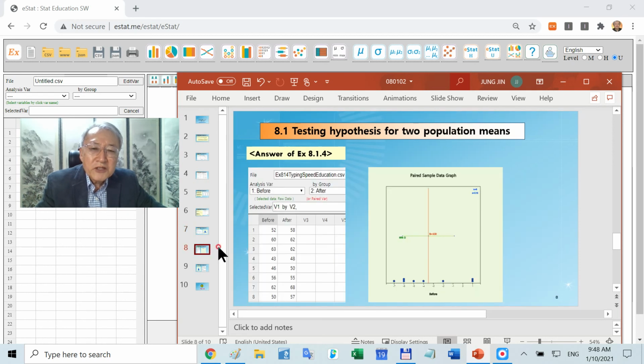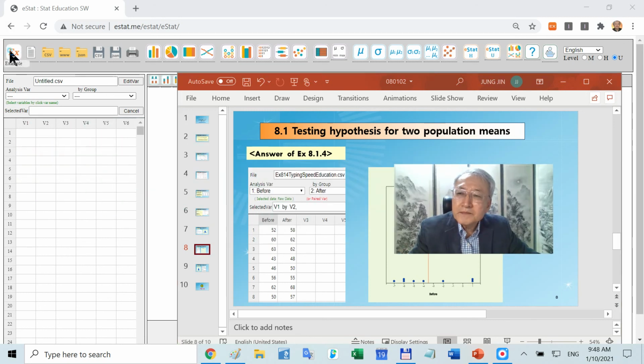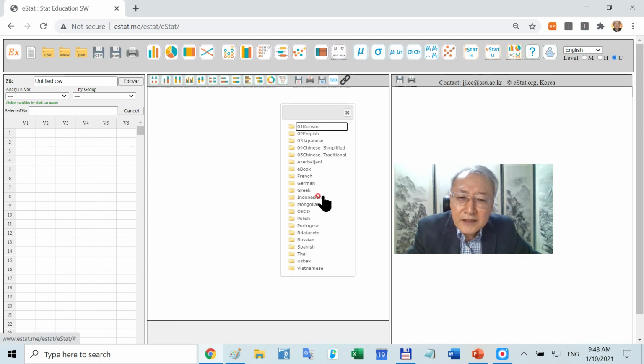In the case of E-stat, you can do the same thing. Let's practice that. Are you ready to use E-stat? Click the EX button and click eBook.